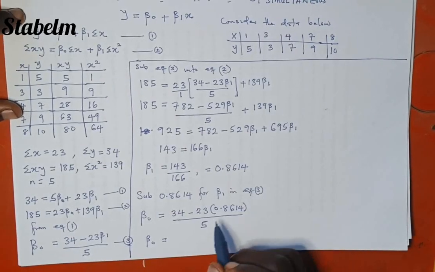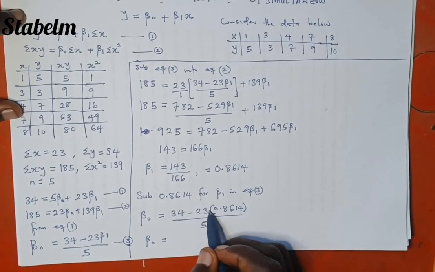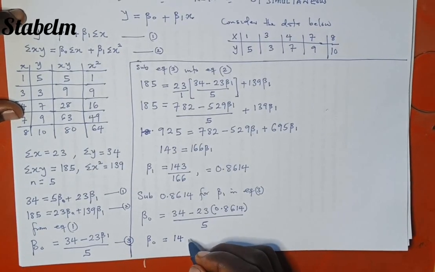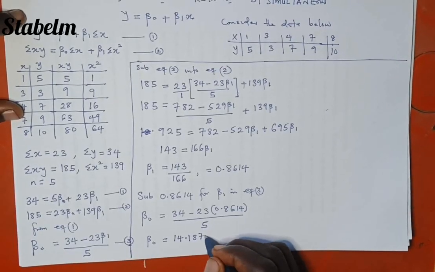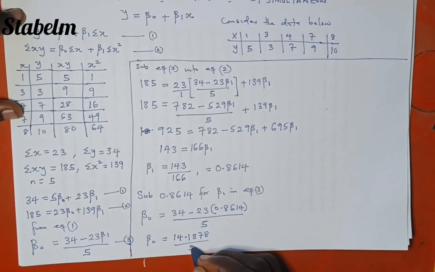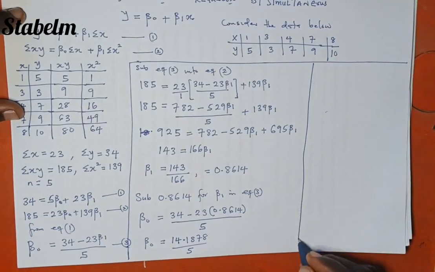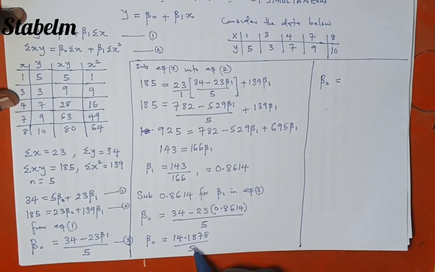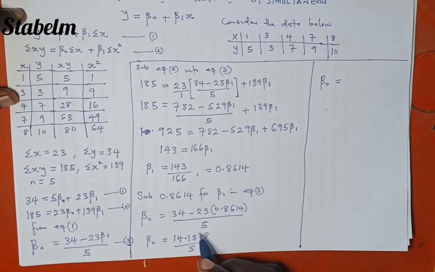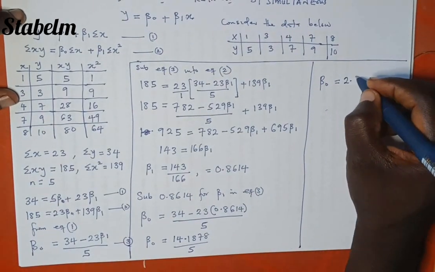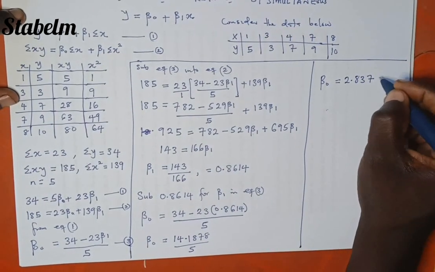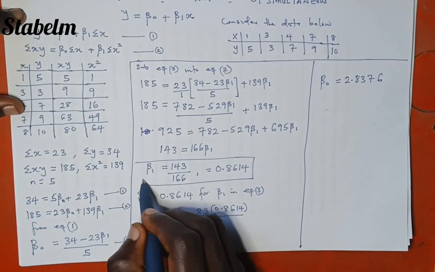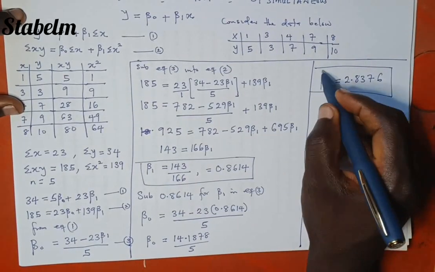If you multiply it, that is 34 minus 19.8122, which gives 14.1878, divided by 5. That will give us 2.8376. So this is the value for our beta naught.